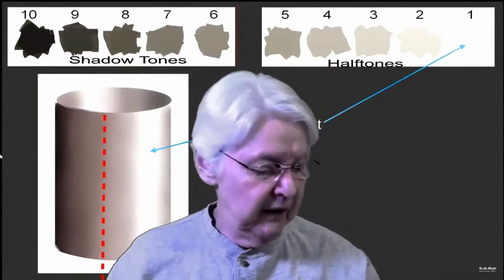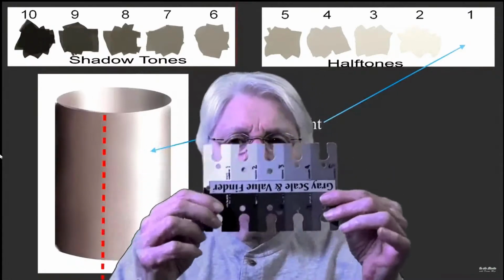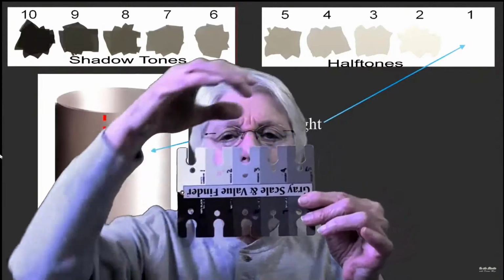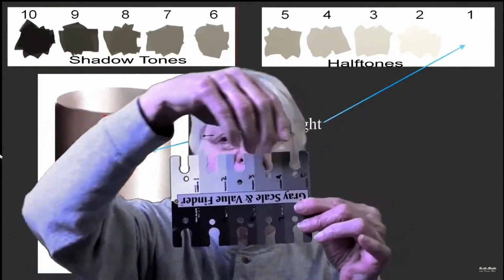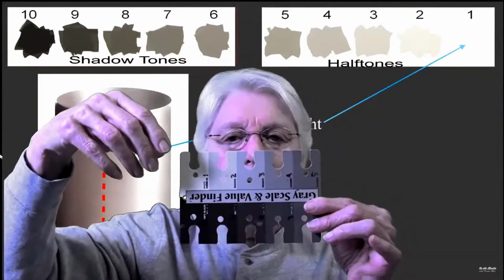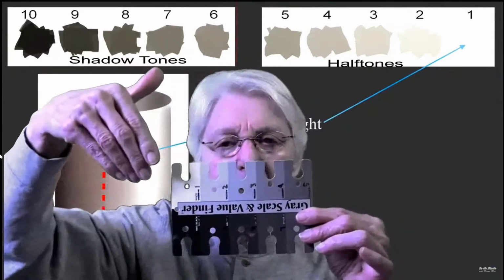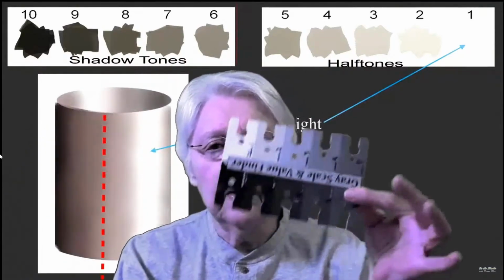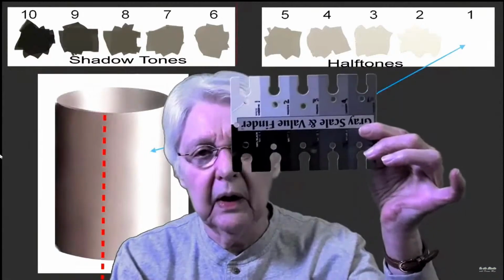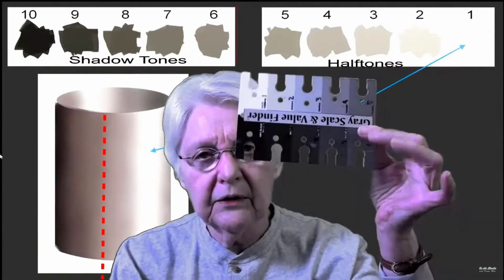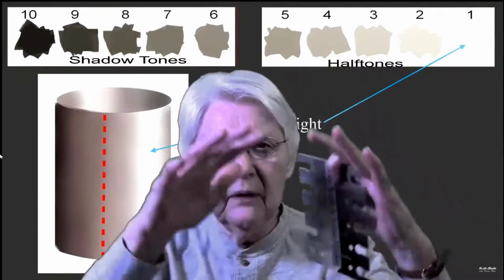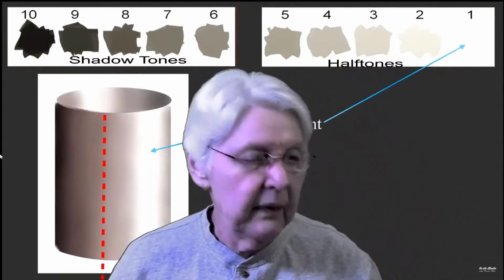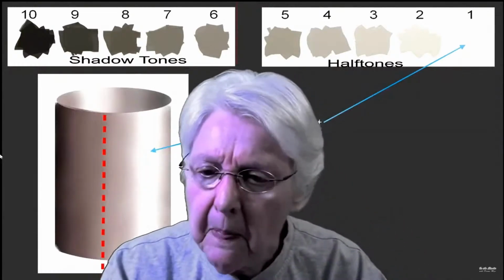But because we have divided into 10, with this little value scale especially, we can think of these areas up here as being those areas that are not in shadow. So we have a wide range of areas that we can work with, and then these down here. So my preference, especially for thinking in watercolor, is to think in terms of a wider range of value possibilities rather than the narrow range.